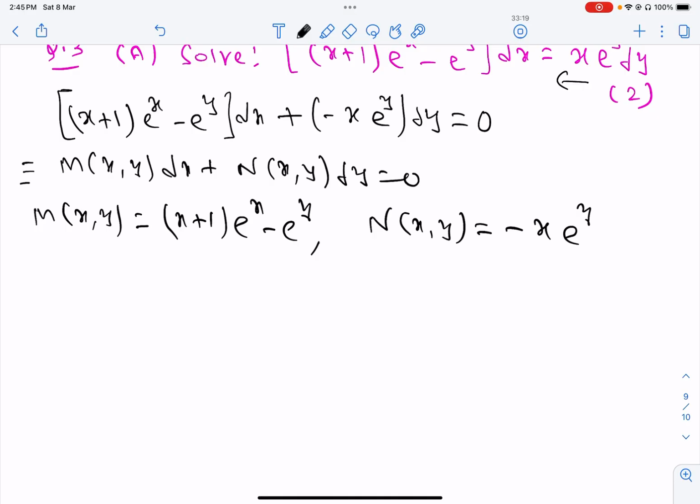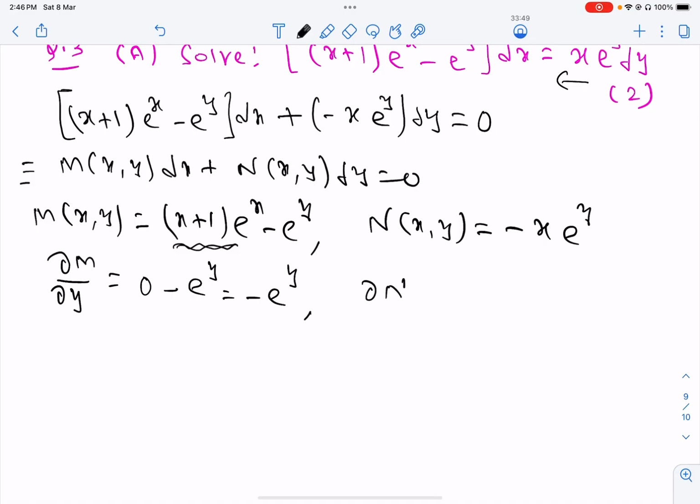So let us find delta m by delta y. We try to see whether it is exact or not. If it is exact, then del m by del y equals del n by del x. So del m by del y, the derivative with respect to y. Here we see it is only an x term, so that derivative is 0, and minus the derivative of e power y is e power y. So this is minus e power y. And let us find delta n by delta x.